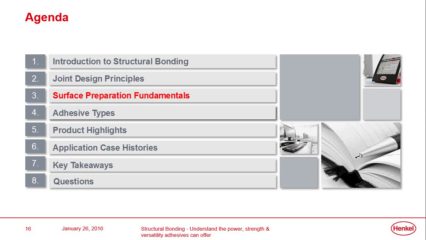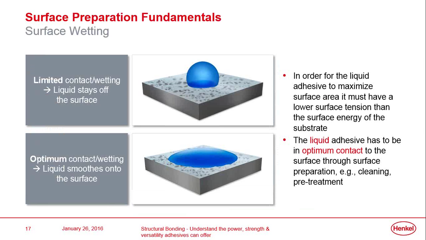In order to achieve one of those conditions, we need to think about how well the adhesive makes contact with the surface. And that's down to this fundamental property called wetting.